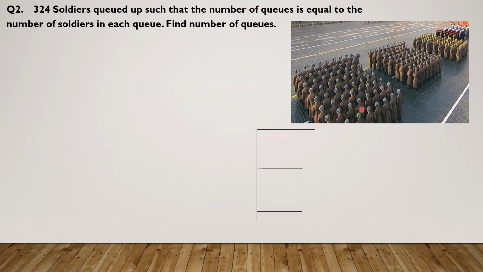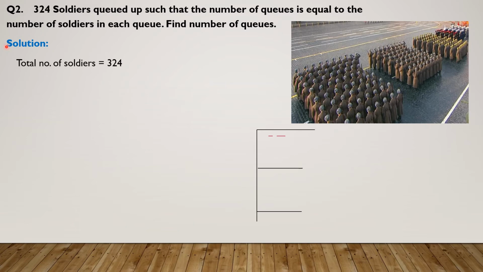Got it? If we have 9 soldiers in a queue, then total queues are also 9. You have to tell how many queues are there if you have 324 total soldiers.